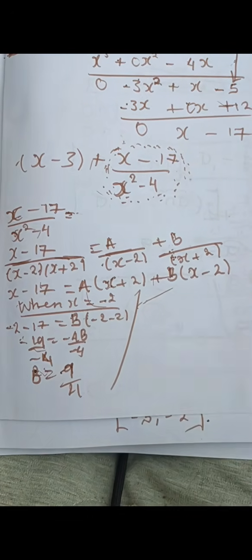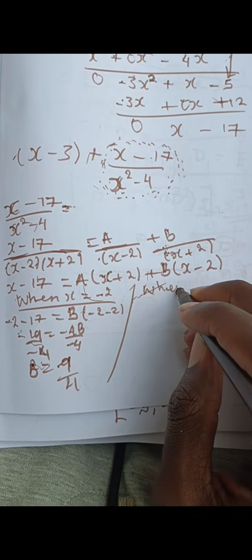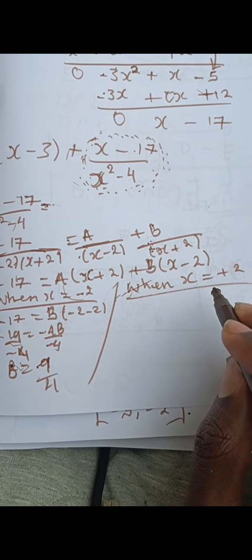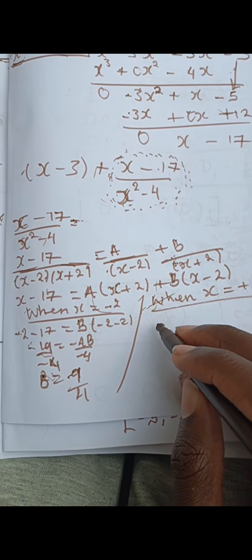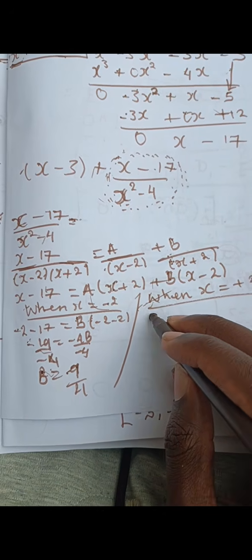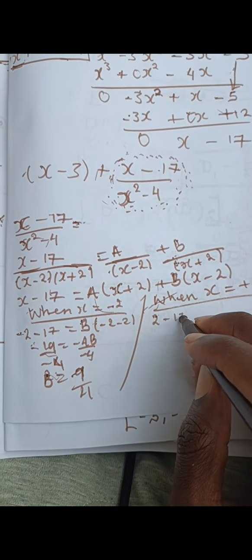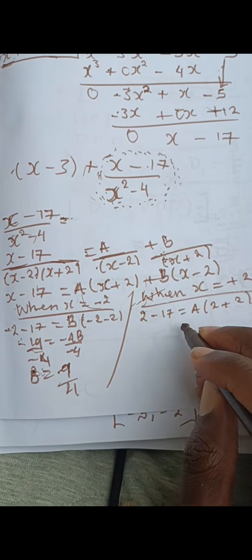So let's also find when x is equal to positive 2. So I'm going to put positive 2 here. 2 minus 17 is equal to a times 2 plus 2.